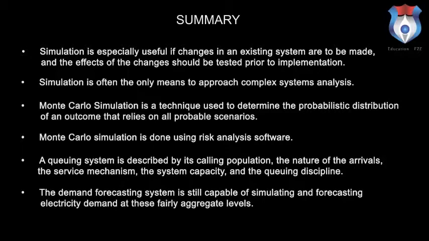Monte Carlo simulation is done using risk analysis software. A queuing system is described by its calling population, the nature of the arrivals, the service mechanism, the system capacity, and the queuing discipline. The demand forecasting system is still capable of simulating and forecasting electricity demand at these fairly aggregate levels.